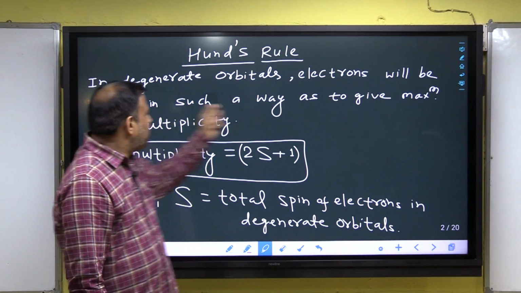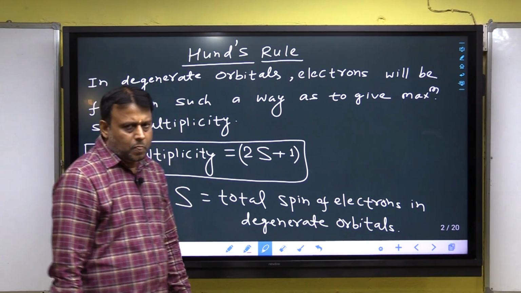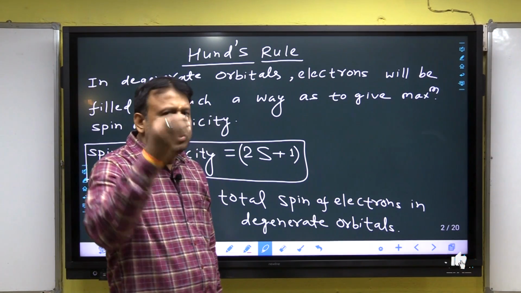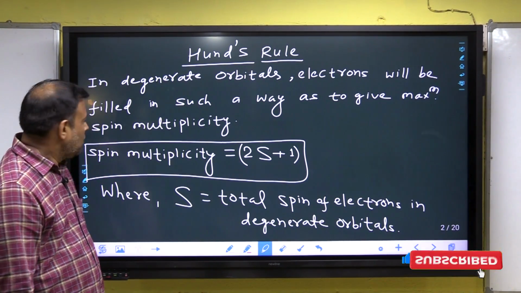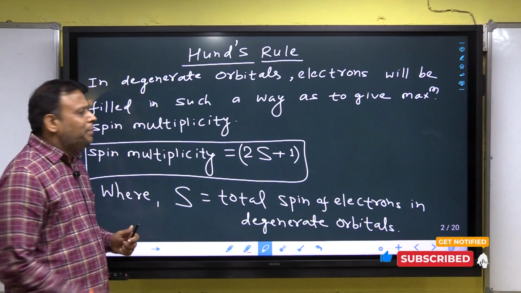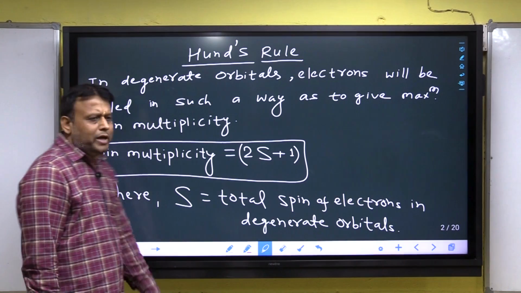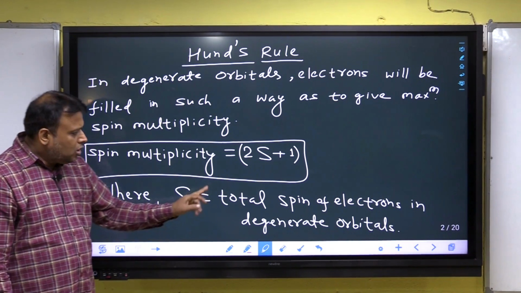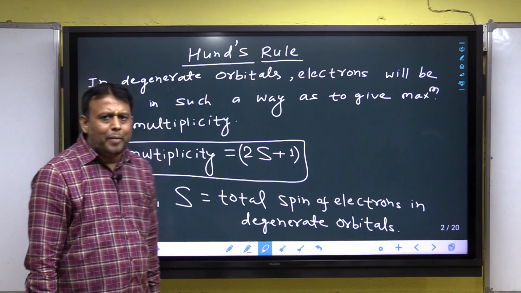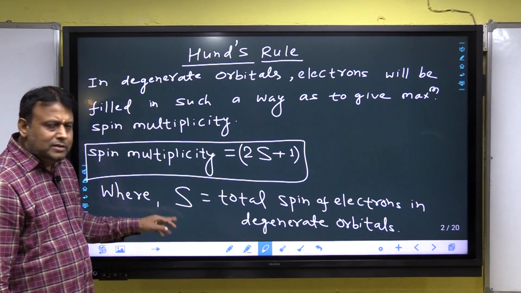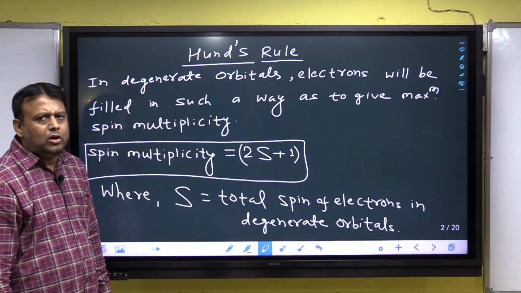Electrons will be filled in such a way as to give maximum multiplicity. And the spin multiplicity formula is 2S plus 1, where S is the total spin of electrons in degenerate orbitals.